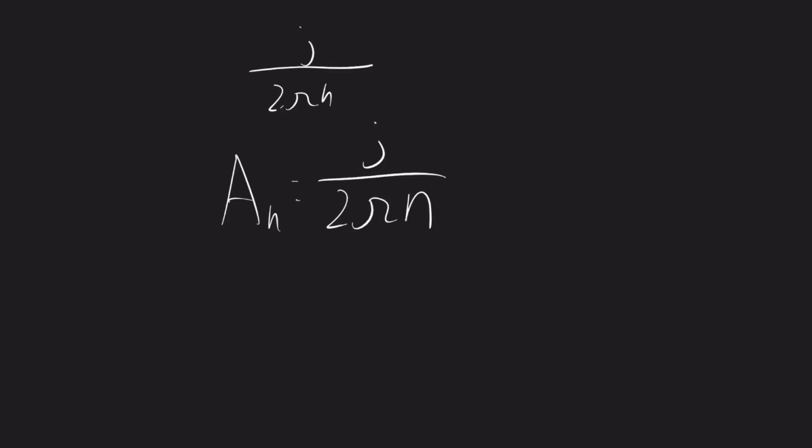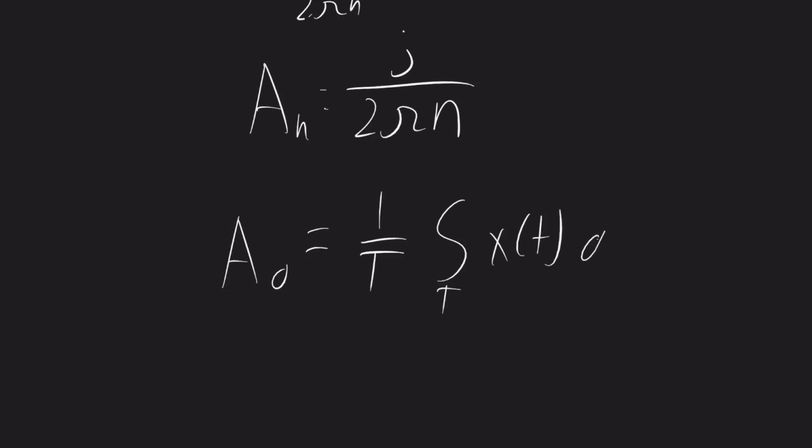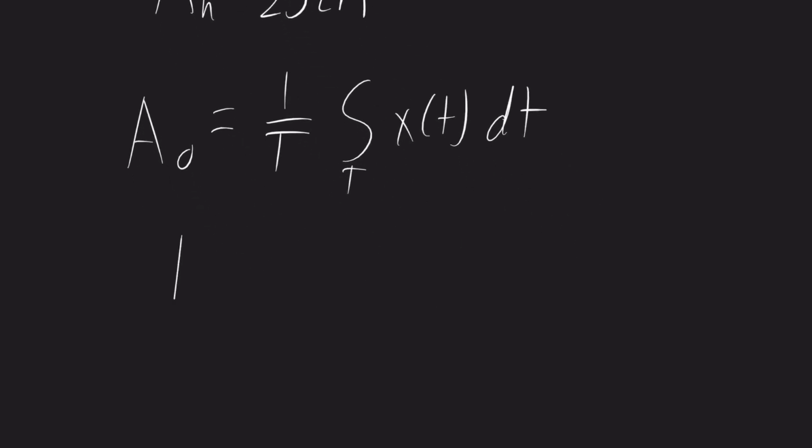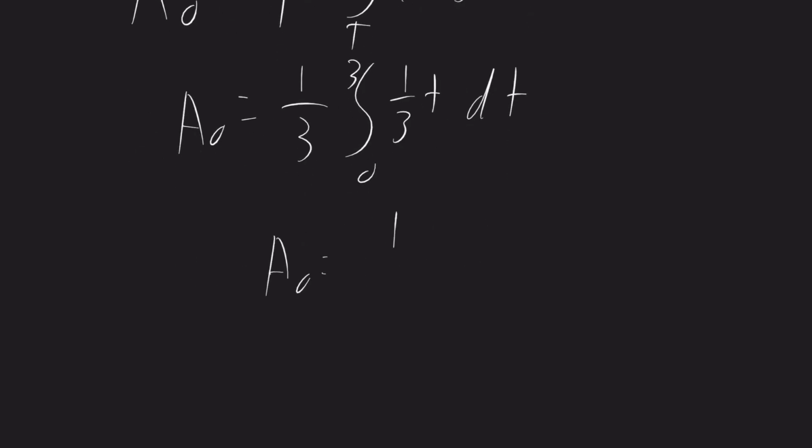Now there's one final thing we need to do, and that's to calculate the zeroth harmonic, also called the DC component, modeled by this equation, 1 over T times the integral of 1 period of x of t with respect to time. So it'll be 1/3 times the integral from 0 to 3 of x of t, which was 1/3 t. We can pull that 1/3 on the outside.